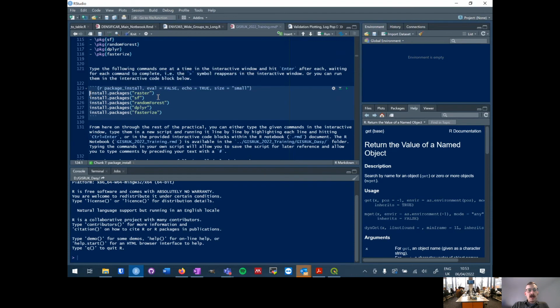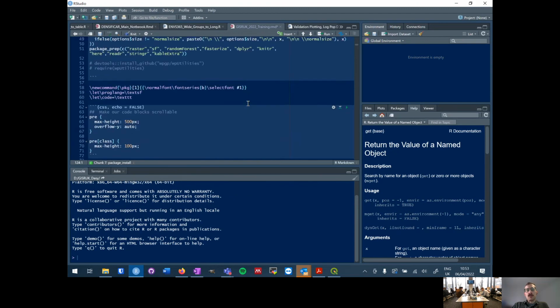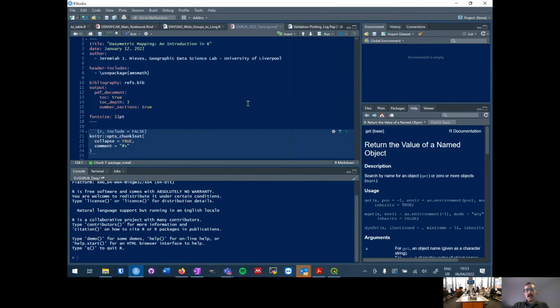Additionally, I do have an install packages block here from 124 to 128 that you all can run as well. And then it's just going through the practical where you will make your own weights a couple of different ways, making the model and the output.